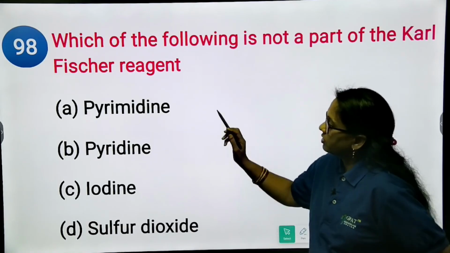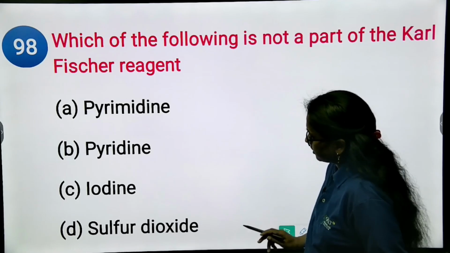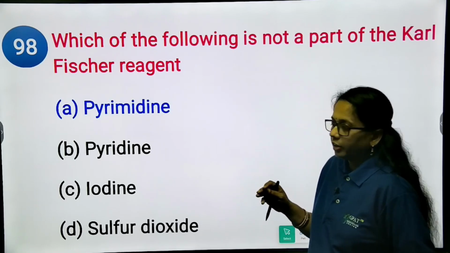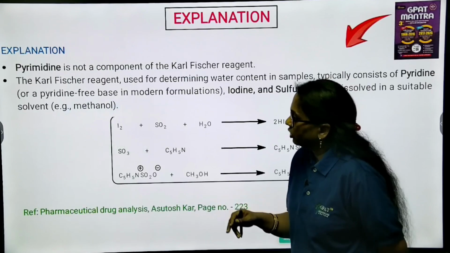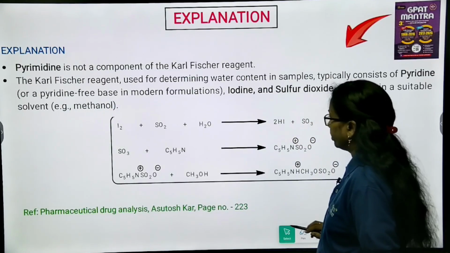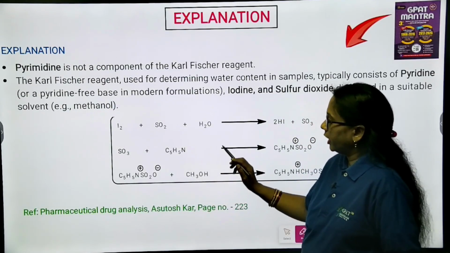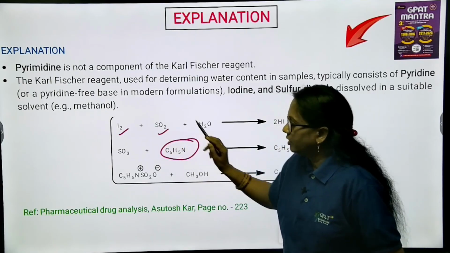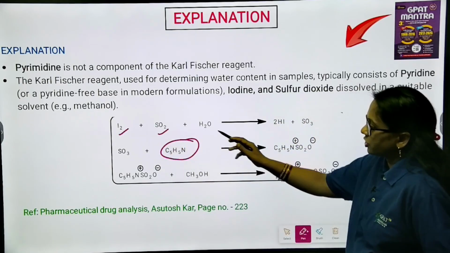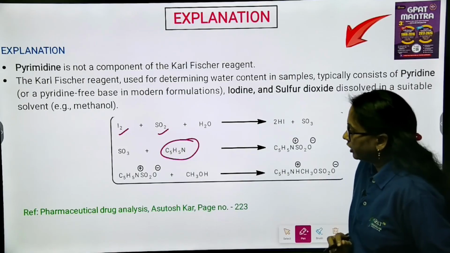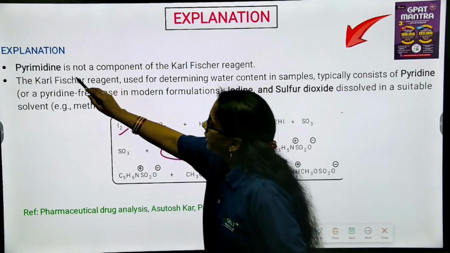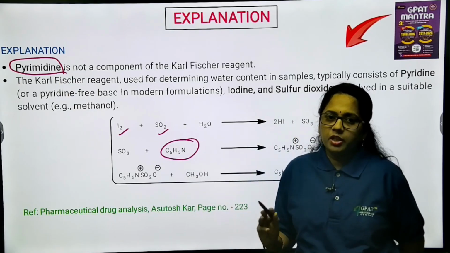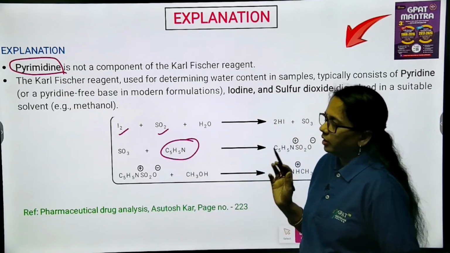Let us see the options: pyrimidine, pyridine, iodine and sulfur dioxide. If you observe the composition of the KF reagent, it contains iodine, sulfur dioxide and pyridine. So pyrimidine, the option A they have given, is not at all present in the KF reagent.